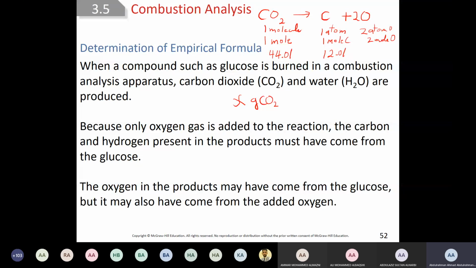I know that 44.01 gram CO2 will give me 12.01 gram carbon, so I should multiply by 12.01 divided by 44.01. Gram CO2 cancels with gram CO2, and this will give me how many gram carbon I have in this reaction.